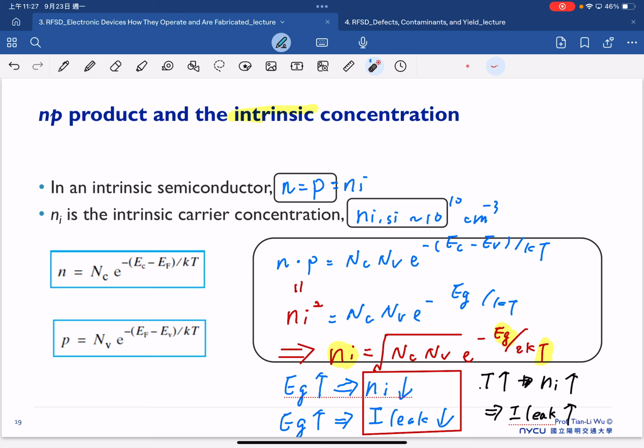For example, temperature, the band gap, the intrinsic carrier concentration on the characteristic that we are interested in, for example, the gate leakage current in this case.